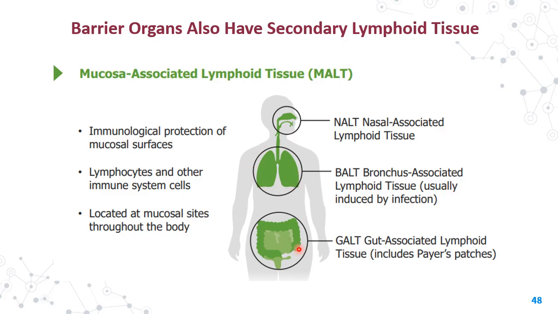So let's call it bronchus-associated lymphoid tissue, or BALT. And then somebody else said, okay, now the gut one is really important, so we call that gut-associated lymphoid tissue, or GALT. They've got to have a sense of humor, right? So now you have MALT, NALT, BALT, GALT, and you can do a little song with it.